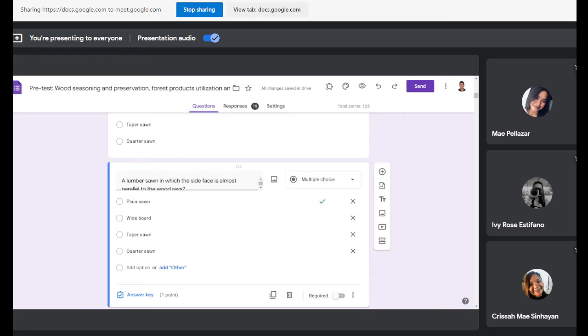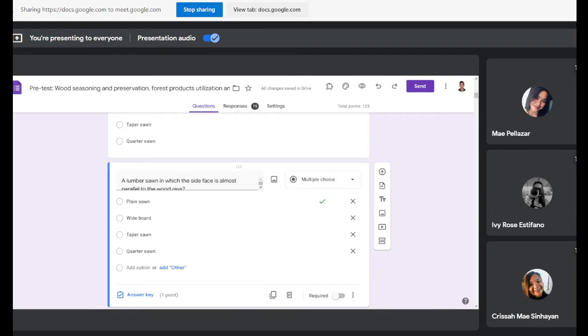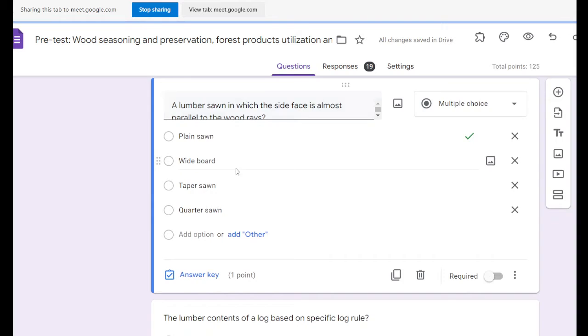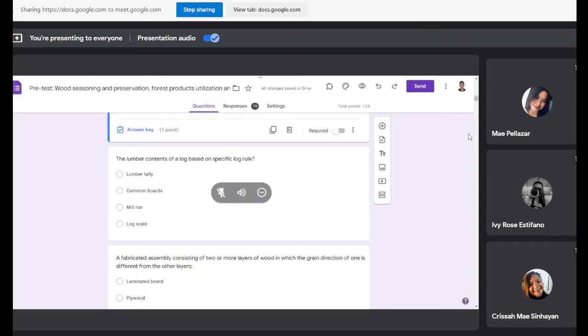Sige. Continue na ta. So, katuto siya ha, ang plain zone and then quarter zone na lumber. Sige. Next question. The lumber contents of a log based on a specific log rule.